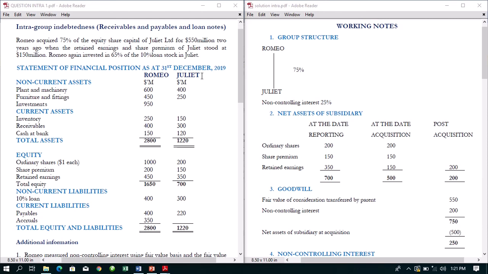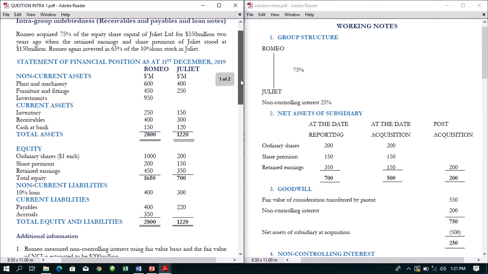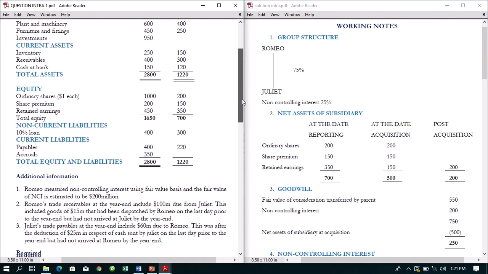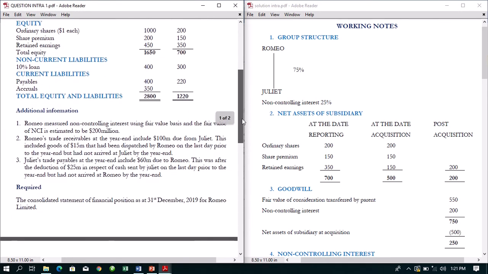Statement of financial position as at 31st December 2019 is as follows, and all figures are assumed to be correct. We go to the additional note. The additional note reads, Romeo measures non-controlling interest using fair value basis, and the fair value of NCI is estimated to be $200 million.